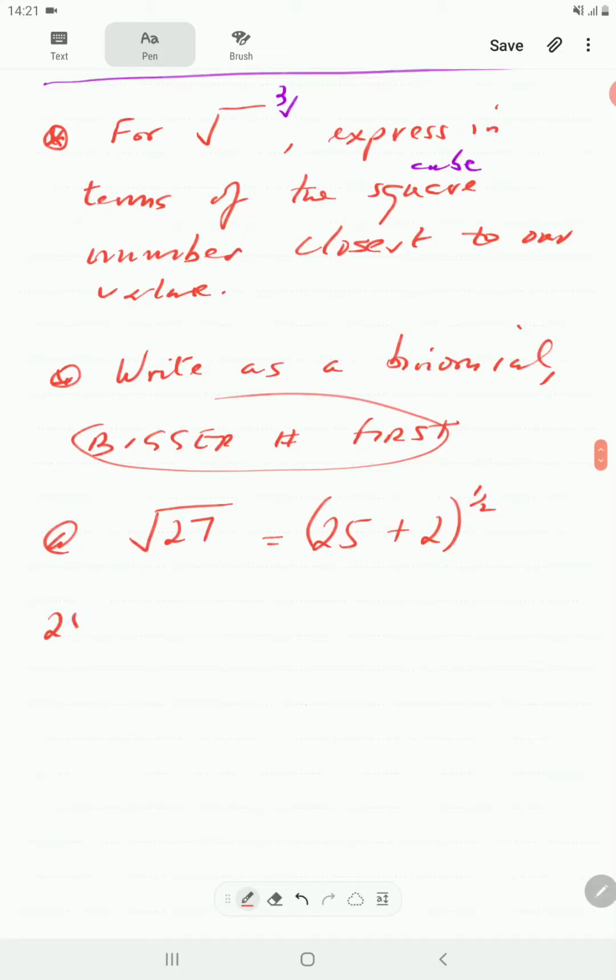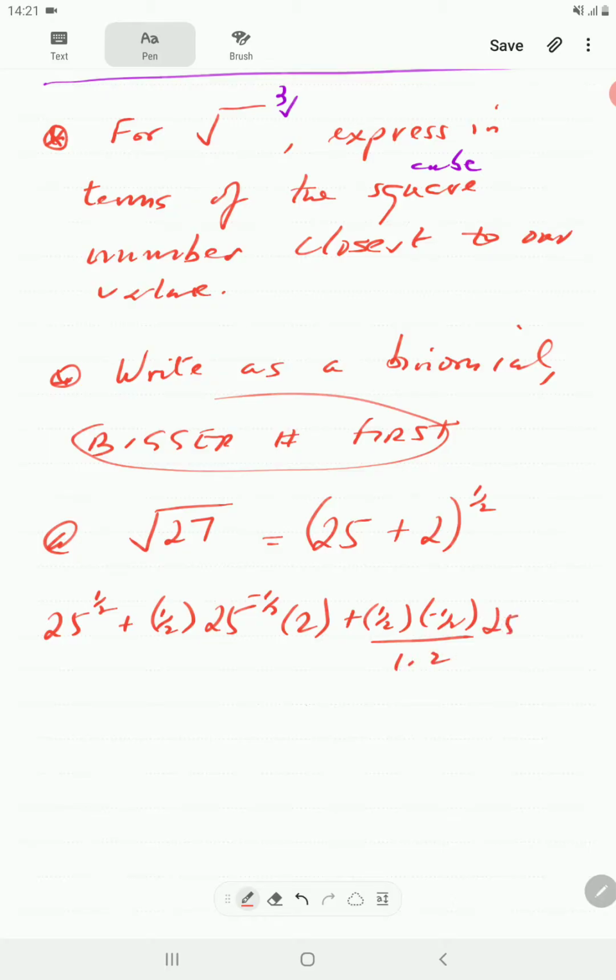Okay, so first term is going to be 25 to the power half. Then second term, 1/2, 25 is now to the power negative half. The b term is 2. Then the third term, which is the last term here, in the denominator we're going to have 2 factorial, 25 is now to the power negative 3 over 2, and then 2 squared here. 25 to the power half is 5.